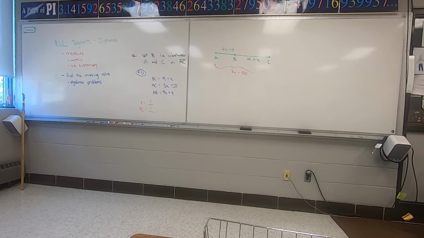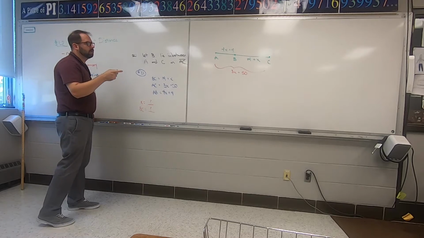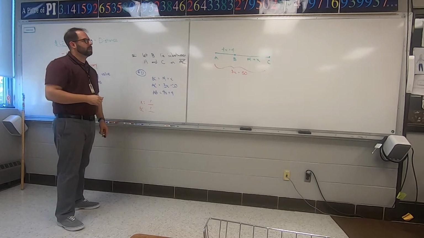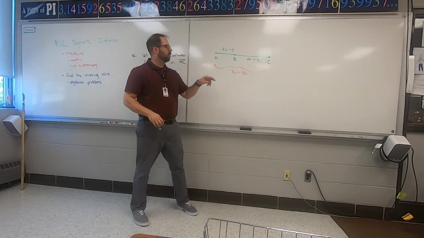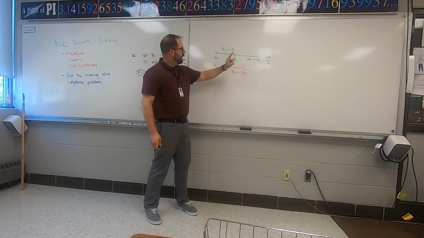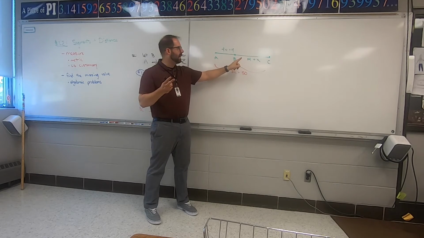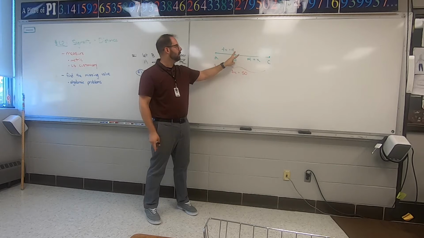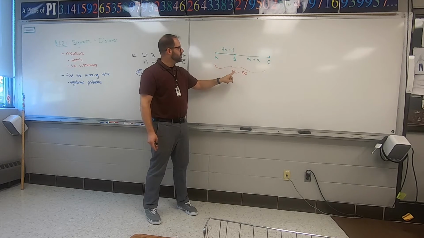So what do we need to add together and set equal to? So we need to set up the equation. Please, what do you got? 4x plus 4 plus 14 plus x equals 3x plus 50. Exactly. Because the two small parts on this one are the AB part and that part. Those are the two things you have to add together. These two parts I put in green. And then you have to set equal to the entire stick.